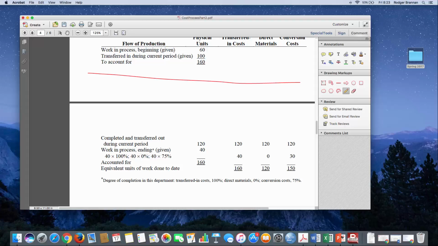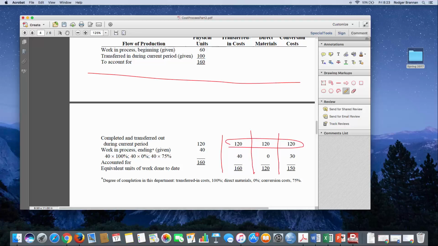So if I finished it, it gets included in terms of the equivalent units. So say they finished 120, then I'm going to add 120 for all 3 columns. And essentially, the difference is that with transferred in, I add the additional column.